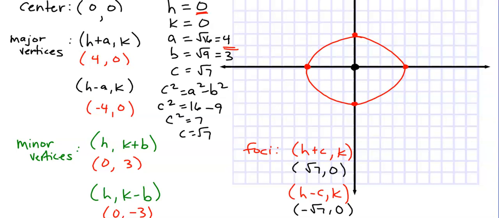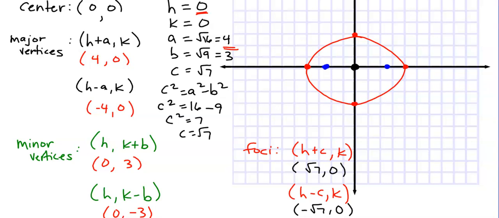So one of our foci, not focuses, a focus is at about 2.6, so right about here. And then the other one would be at about negative 2.6, so right about there. So those are our foci.